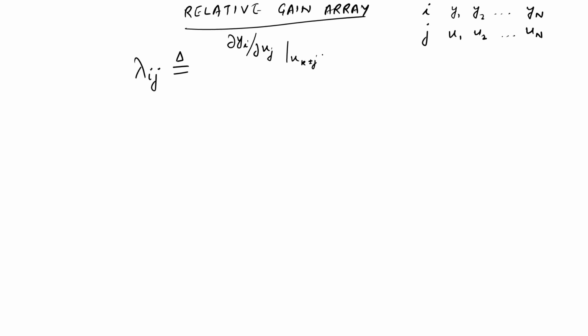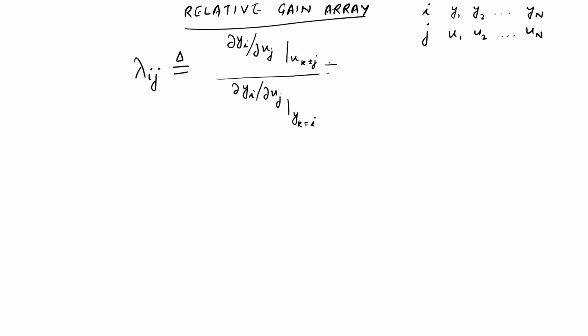All other process inputs are constant, divided by dou yi by dou uj, and this time all other outputs, yk, k not equal to i, are held constant.